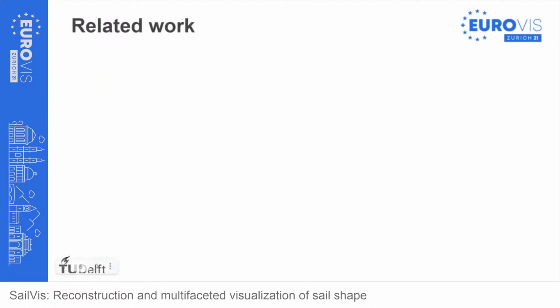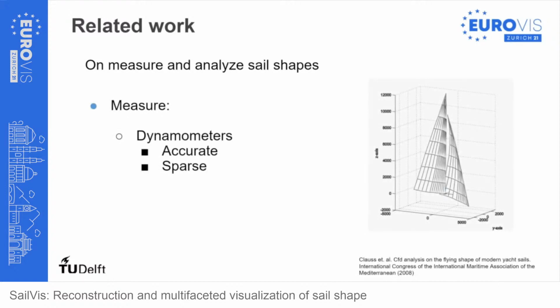To address the issues of visual inspection of sail shape, research has been conducted to measure and analyze sail shape. There are two main trends of these researches. The first one is to use a dynamometer to measure the pressure distribution across the sail while measuring the sail shape.